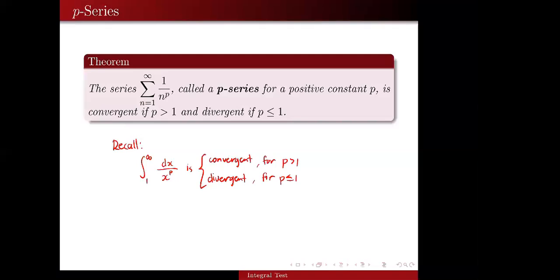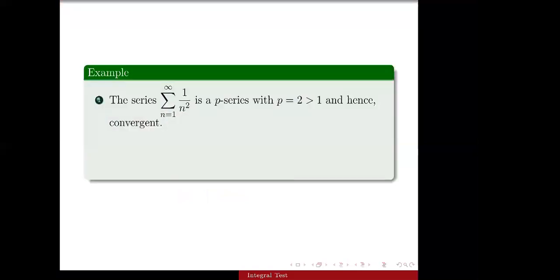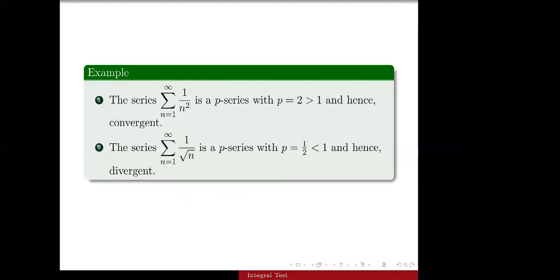So all you need to do for this p series is use the function 1 over x to the p, and all the conditions are satisfied. Then you do this improper integral, which we actually did, and we have this conclusion. So this follows from that. The series sum of 1 over n squared is a p series with p equals 2, and hence it's convergent.